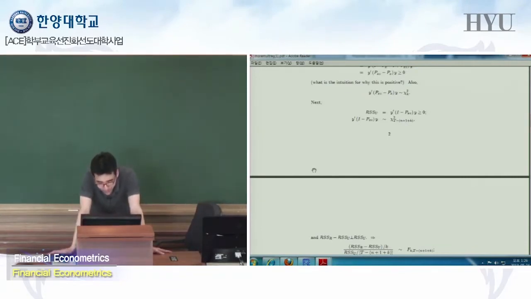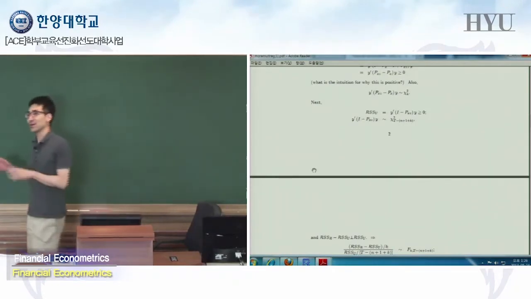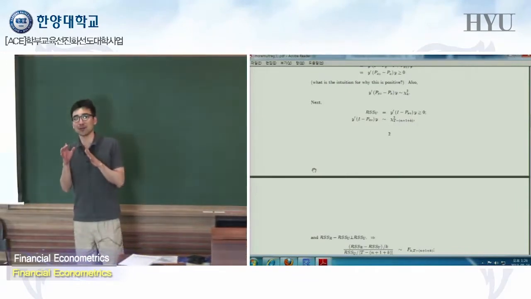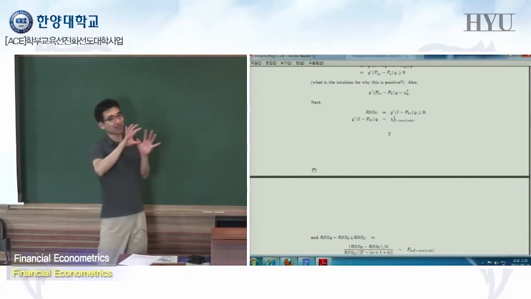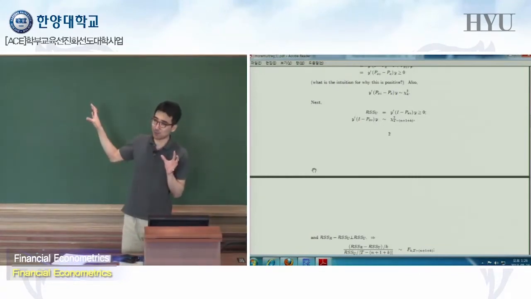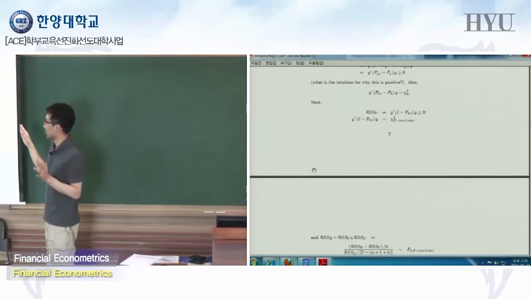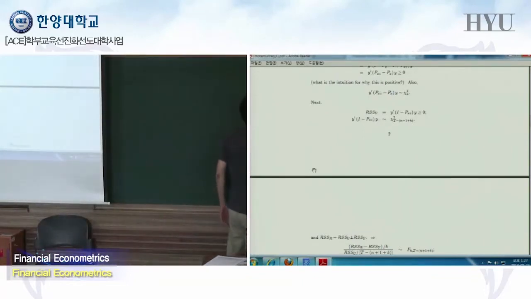RSSU is the null space of the space spanned by X and Z. The null space of the space spanned by X and Z is smaller than simply the null space of X. And RSSR is the null space of the space spanned by X. RSSR minus RSSU is the part of the null space of X except the part spanned by both X and Z. So this is the large space and this is the small one.